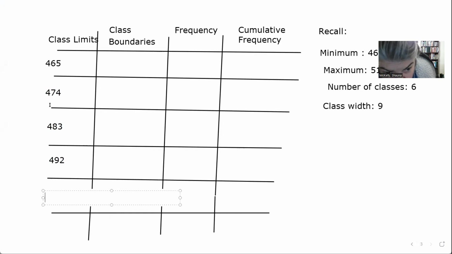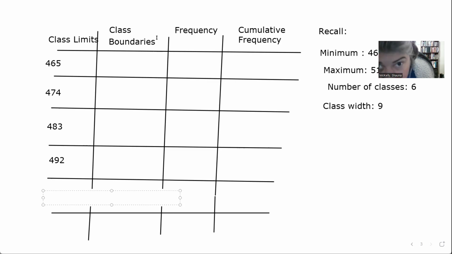So we keep going until we get enough classes. Right now, we only have 4. We need 2 more, right? So we add 9 here, add 9 here.